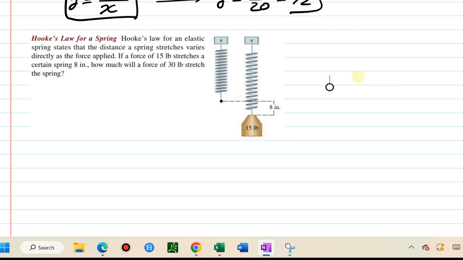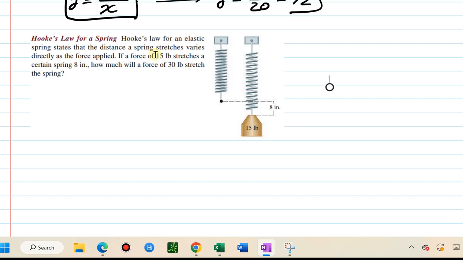Hooke's law for an elastic spring states that the distance a spring stretches varies directly as the force applied. If a force of 15 pounds stretches a certain spring 8 inches, how much will a force of 30 pounds stretch the spring? Of course, we can see that's twice the force, right?